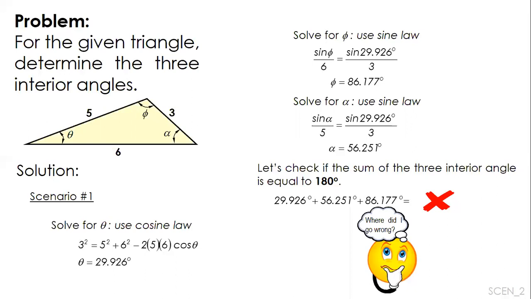Tell me, where did I go wrong? Because if you check your solution, cosine law is correct. Sine law is very simple. Right? But why is it that it will not add up to 180? Okay. Let's proceed to the second scenario.